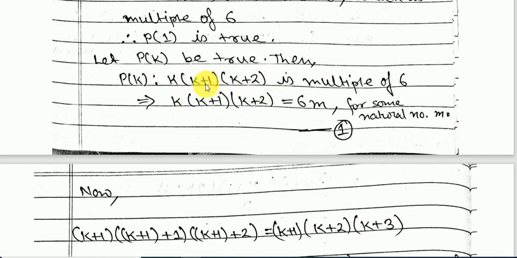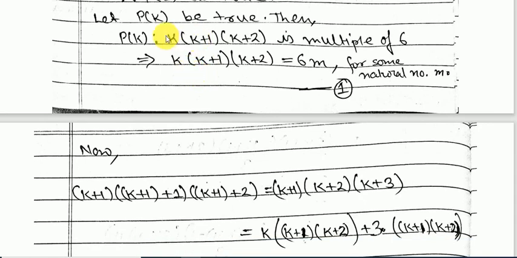So you will copy the same statement, but wherever you have k, you will write k plus 1. So here we have k, so I'll write k plus 1 over here. Here I have (k plus 1) in bracket, so in place of k, I'll write k plus 1, then this one will come. I have k plus 2, so here I will write k plus 1 plus 2.